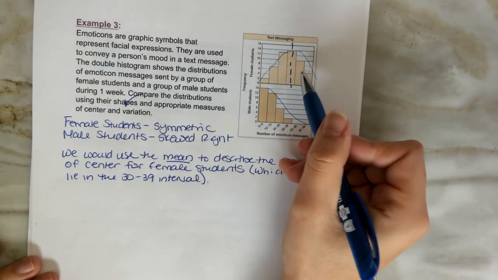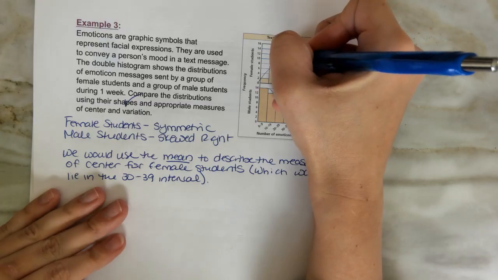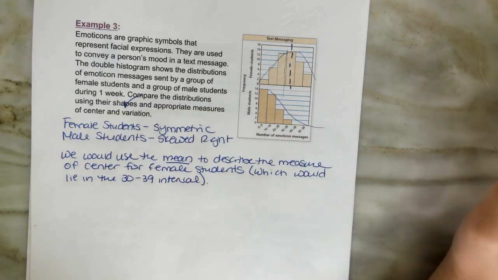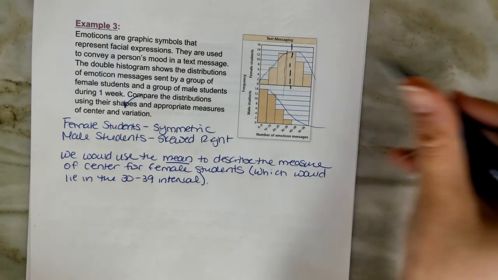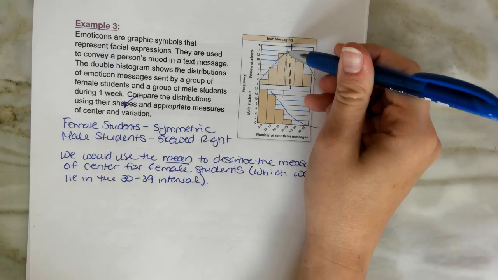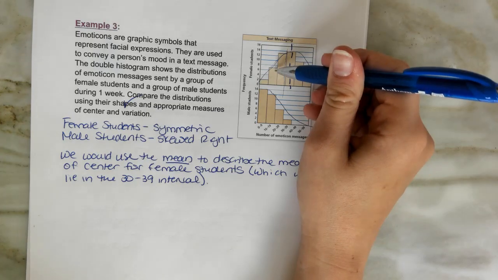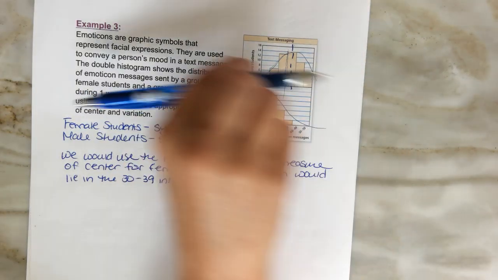And the reason that I put that there is because we want to go right in the middle. Going right here, which would be smack dab in the middle of the graph, would be great. But if I really look at it, this bar is a little higher than that bar. This bar is a little higher than this bar, and this bar is a little higher than this bar. So the mean's probably going to be a little bit further to the right.